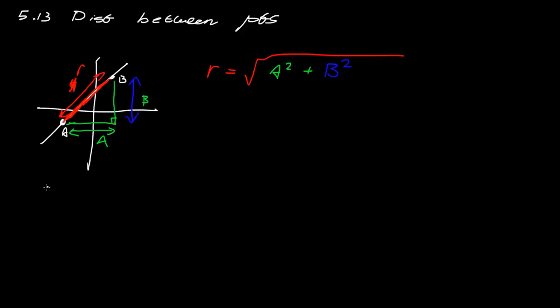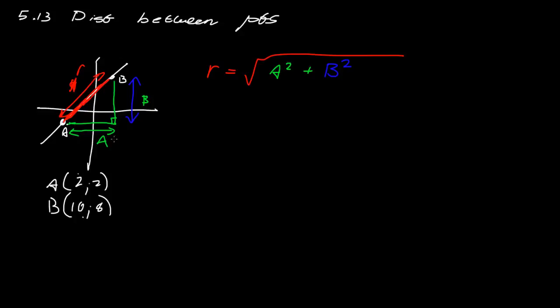Well, can you see that if we're given these points A and B? Say I tell you that point A is, I want to use the example from your book here, A is (2, 2), and point B is (10, 8). If I told you that, then this line is the difference between these two x points.